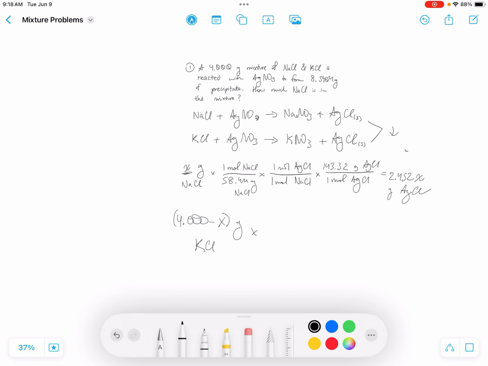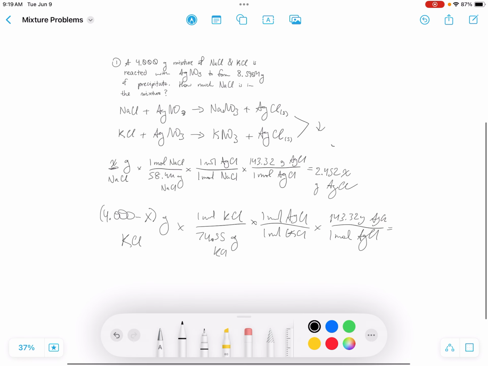So then we can apply the same treatment. 74.55 grams KCl gets you 1 mole KCl, which gets you 1 mole AgCl, and then 1 mole AgCl is 143.32 grams AgCl.